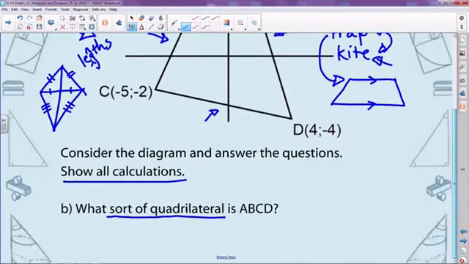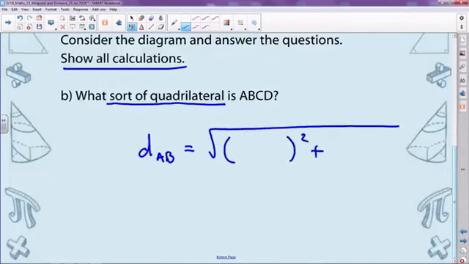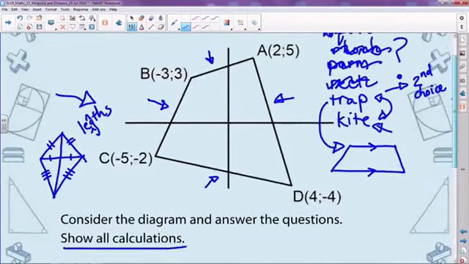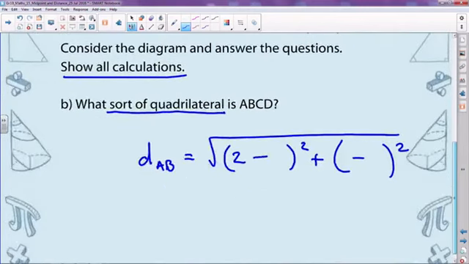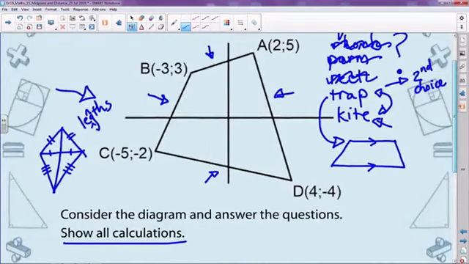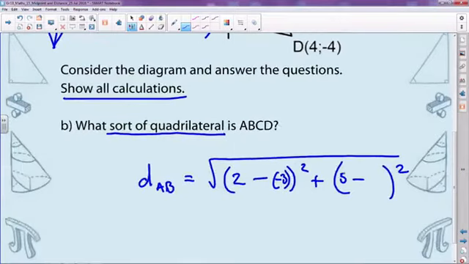Let's do this quickly because we're running out of time. D of AB is equal to the square root of the difference in x squared plus the difference in y squared. We're minusing them. AB is 2 and negative 3, and then we've got 5 and 3.